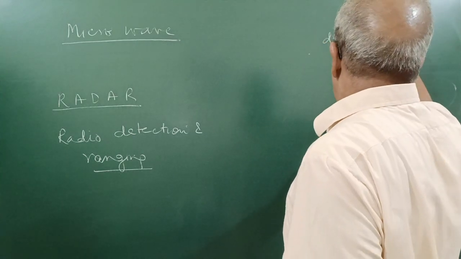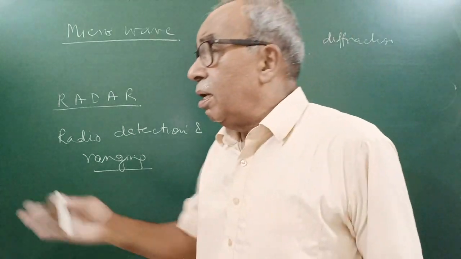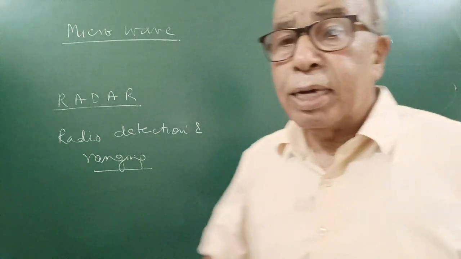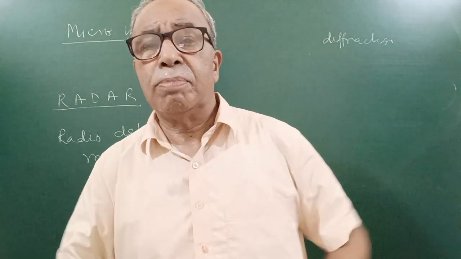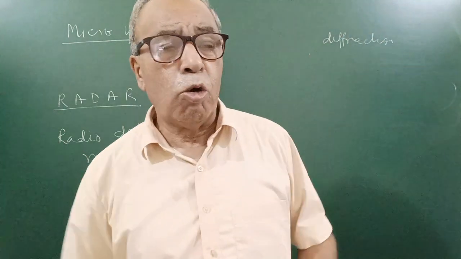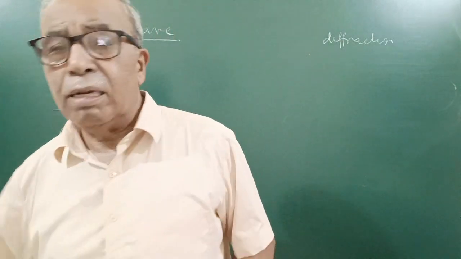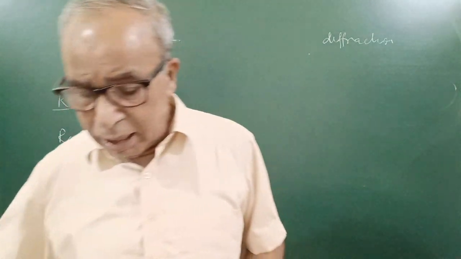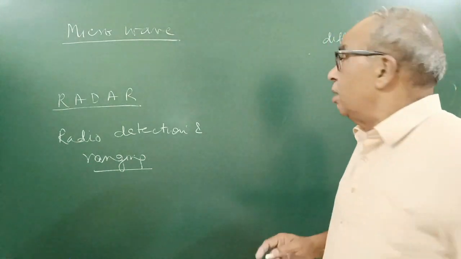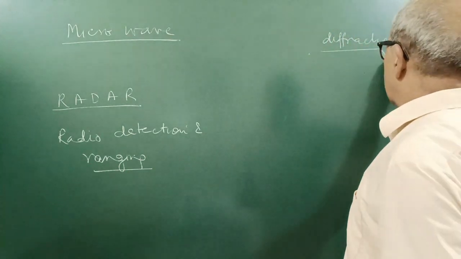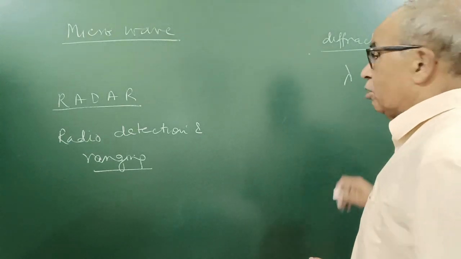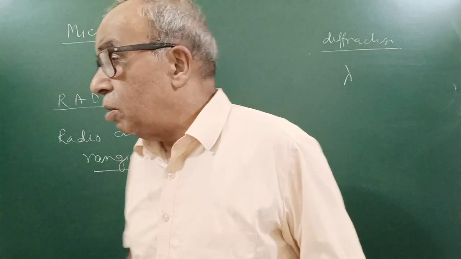But light waves do not get diffracted. If the light of my room goes off, the light bulb in the neighboring room will not help me, because for diffraction to take place, the wavelength of the radiation should be of the size of the obstacle in the path.